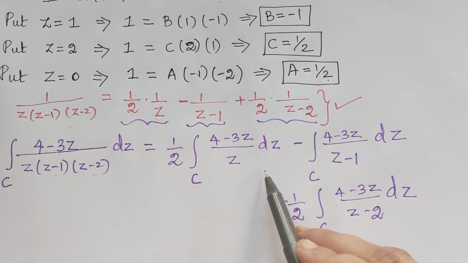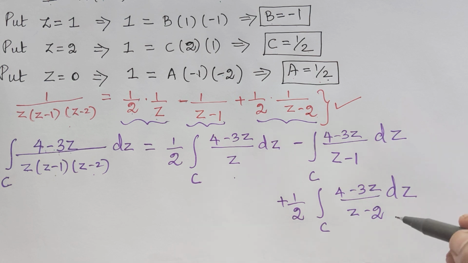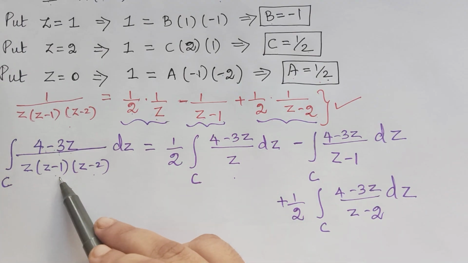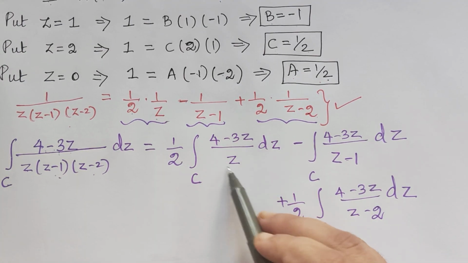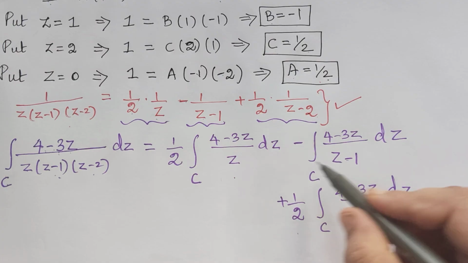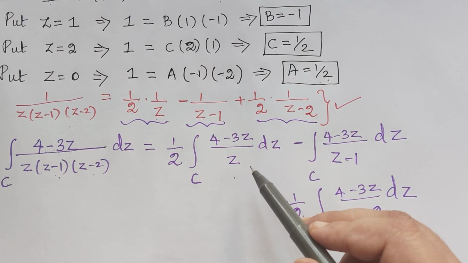Now we have to evaluate each of these integrals separately by applying the Cauchy integral formula, because we have rewritten this integral into three different integrals where each can be easily found by applying the Cauchy integral formula.